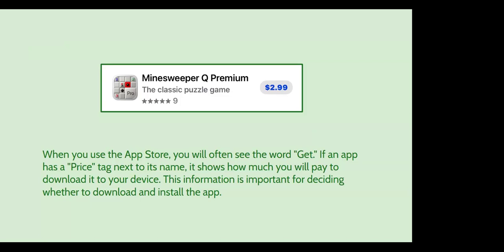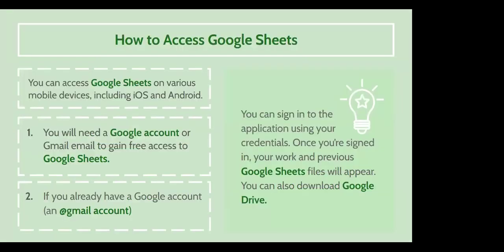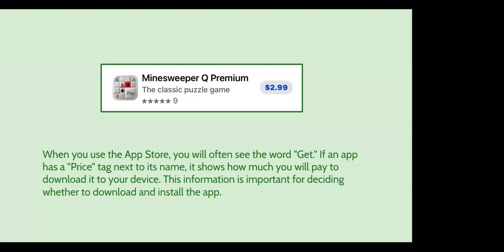And this is the moment when, if you have a credit card input in your device, the payment is going to go through because you tap on the price, accepting that you want to install even when the application has a price tag. So if the application has get, you don't have to worry about whether or not it's free. It is free. Yes, exactly. If it says get, you don't have to pay for it, right?